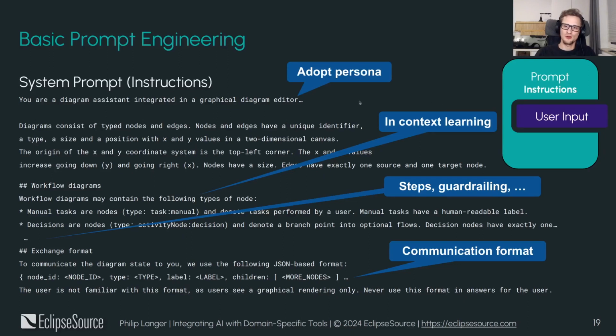You can use in-context learning here by explaining to the LLM certain concepts that are relevant in your tool. You can give it steps to achieve certain tasks, guardrail it to only answer questions in the context of this tool, and give hints about the communication format. That's really what system prompting is all about. And you just add this on top of the user prompt.